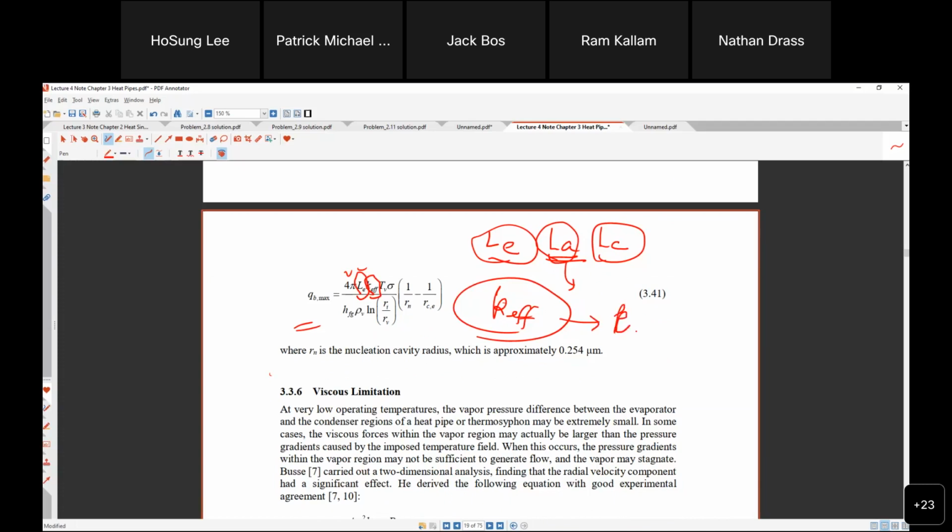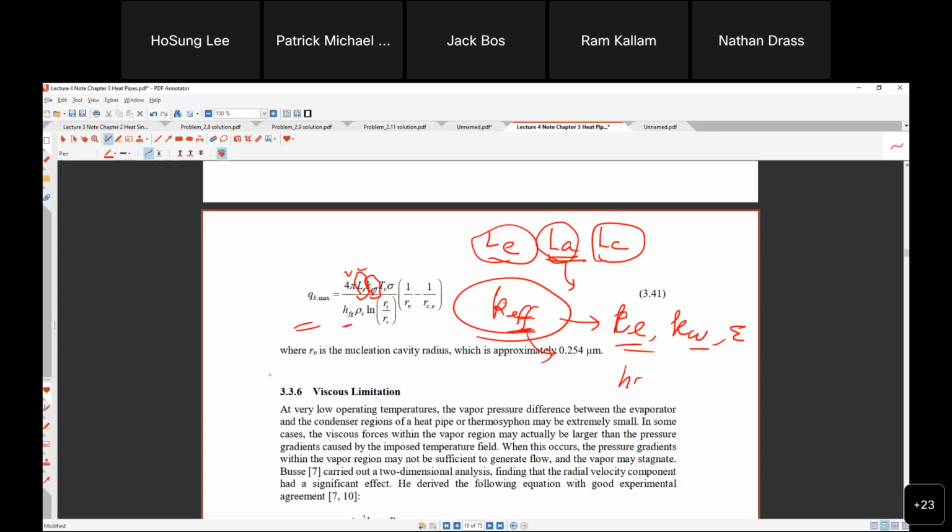Would it be all three? K effective is a wick, actually. Effective thermal conductivity is liquid and wick too, and the porosity. Okay, so you have to calculate.